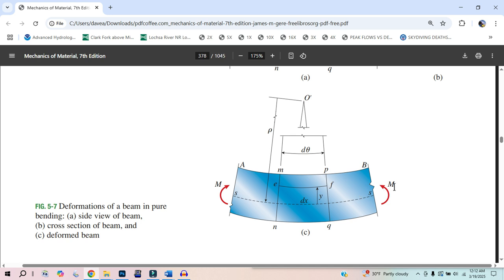So with that said, for beams, deflections due to bending moments drive deflection. That was interesting to me in other chapters.